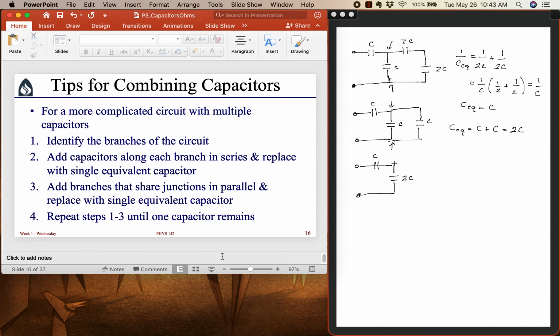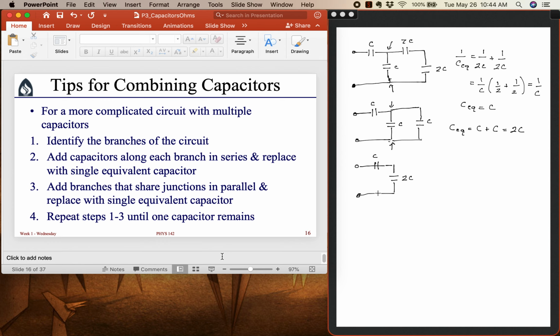All right, so now I've eliminated these two branches, replaced them with a single one, and my equivalent capacitance is 2C. So then I go back and repeat steps 1 through 3. Identify the branches of the circuit. Well, I really only have one branch now. There's no places where electrons can make a choice and go one way or the other. So I just have one branch.